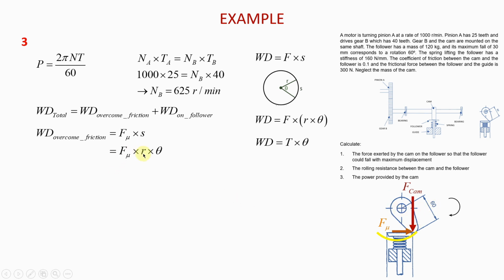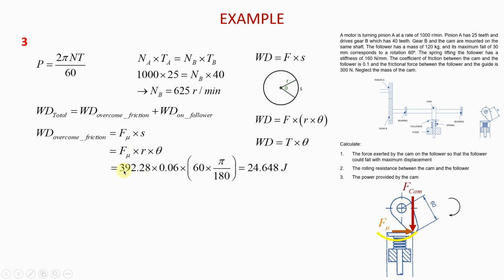And so R will be 60, and theta is the angular displacement that the cam goes through to push the follower down by 30 millimeters. That angular displacement is 60 degrees, but we need to have it in radians. If we plug in the numbers in this equation, this is what we get.